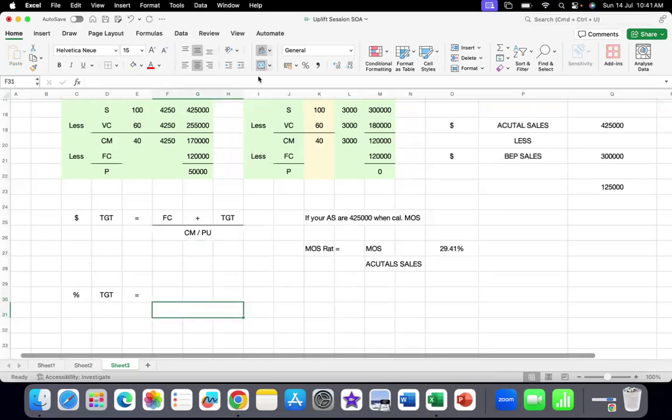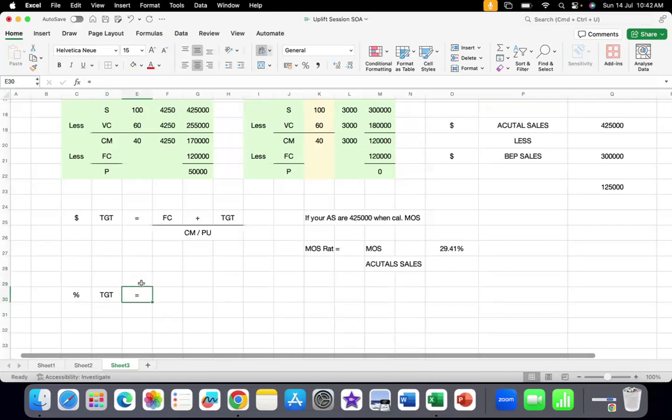Take this as homework, wherein you have got a target profit percentage with you, and you have to give me the value of sales which I need to make to achieve the targeted figure. What you need to understand is the profit amount is treated as the variable cost, and the new contribution margin is calculated.